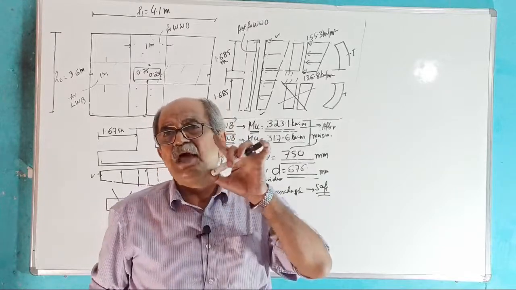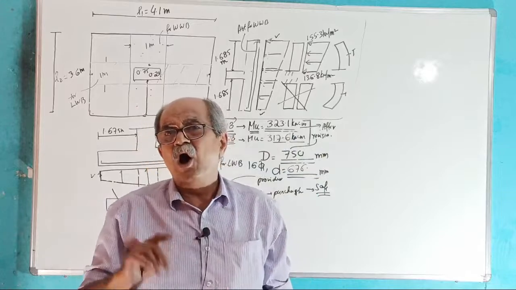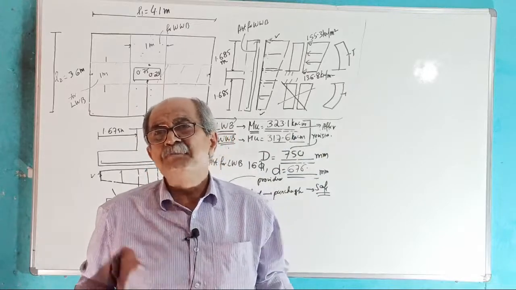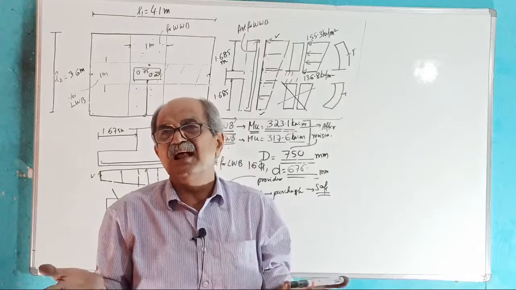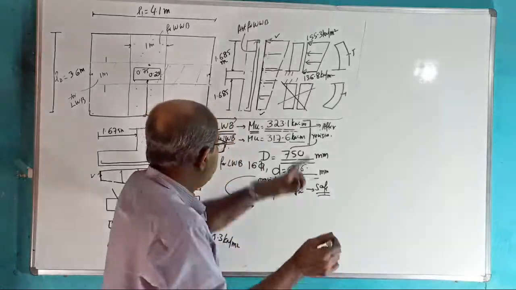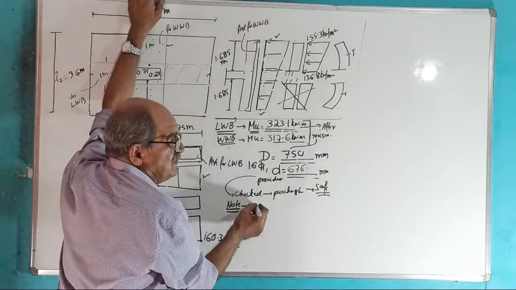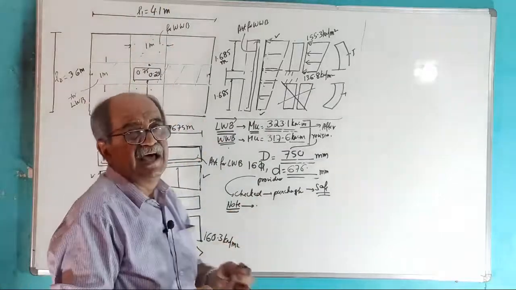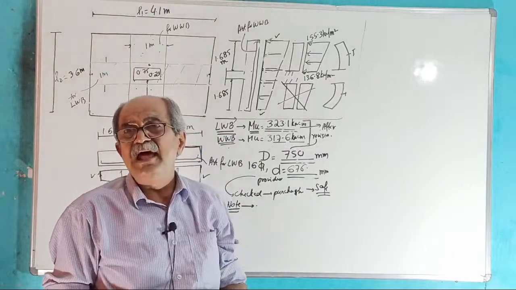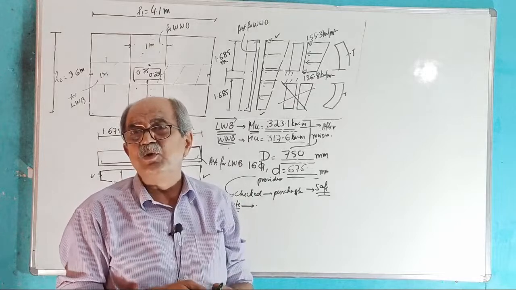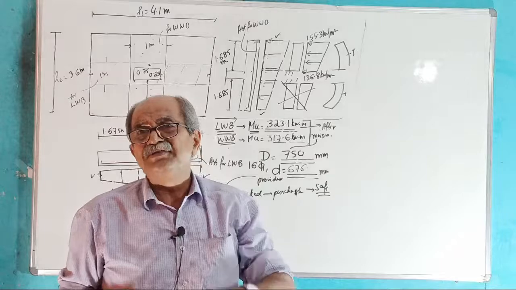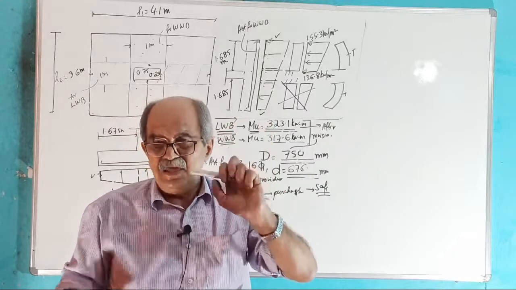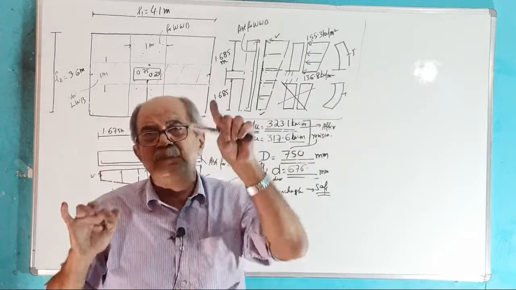You can call it wide beam shear or one-way shear, or in simple language, our usual shear, mamuli shear. That check we cannot do now, because to check that shear you need the percentage of tension steel provided to get tau c. Therefore, that also is equally critical. Remember, I proved it earlier.